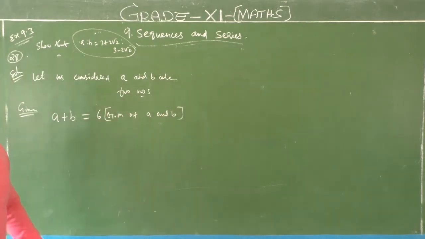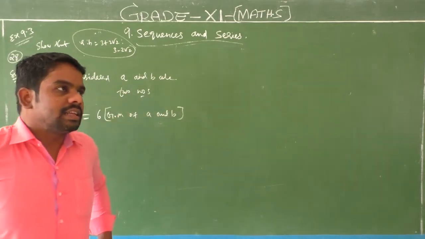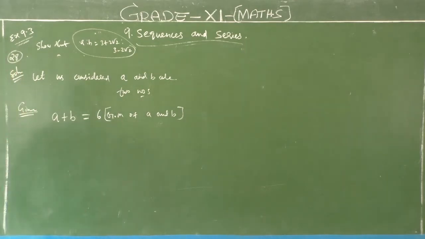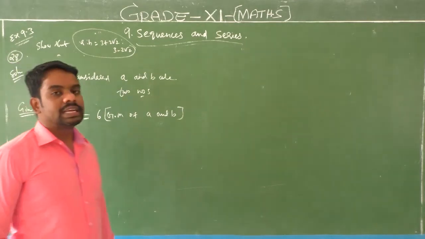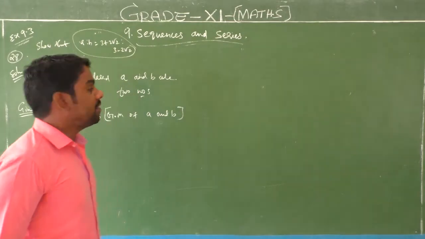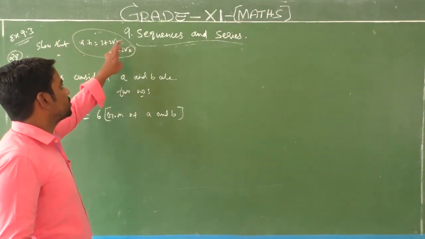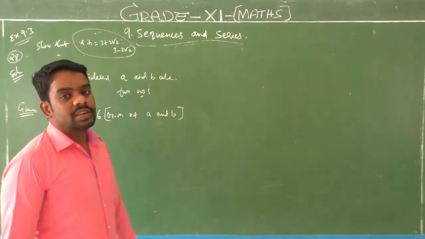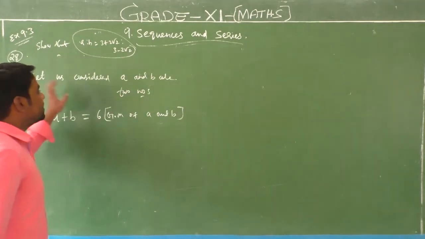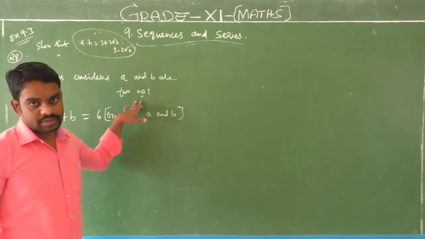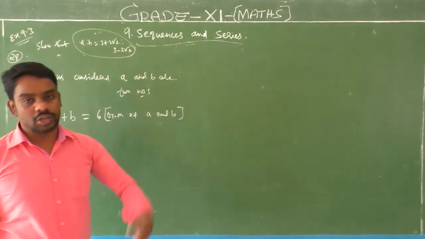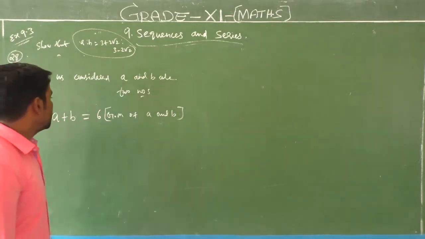In the given question, the sum of two numbers is equal to 6 times the geometric mean of the numbers. Then we show that the ratio of the two numbers is 3 plus 2 root 2 is to 3 minus 2 root 2. Right. Let us consider a and b are two positive numbers.